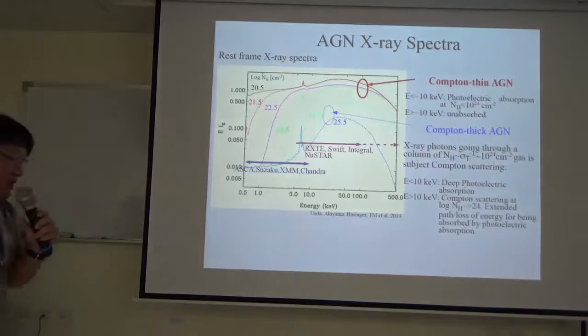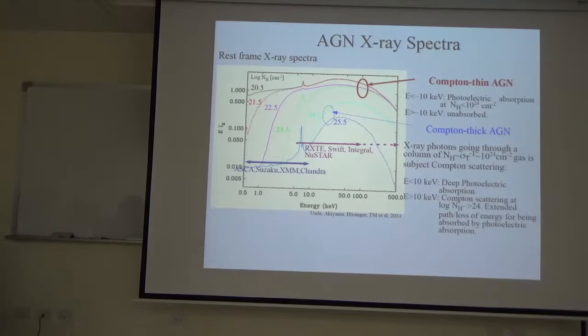Before going to our program, I'll introduce how AGNs at various absorption column densities look in X-rays. This is from 0.5 to 500 keV. ASCA, XMM, Chandra, the classical imaging telescopes, have sensitivity up to about 10 keV, including eROSITA. Then there are collimator experiments and Swift, which is a coded mask experiment.